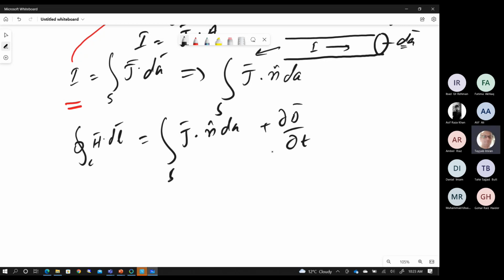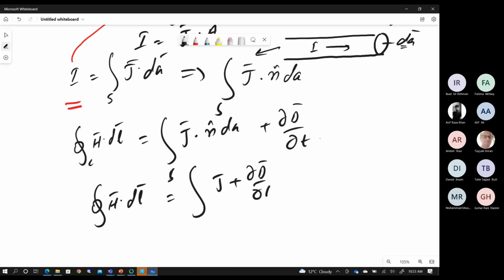So this is over the surface and this one is also over the surface. So we can write like this. And this one we call equation number 4.